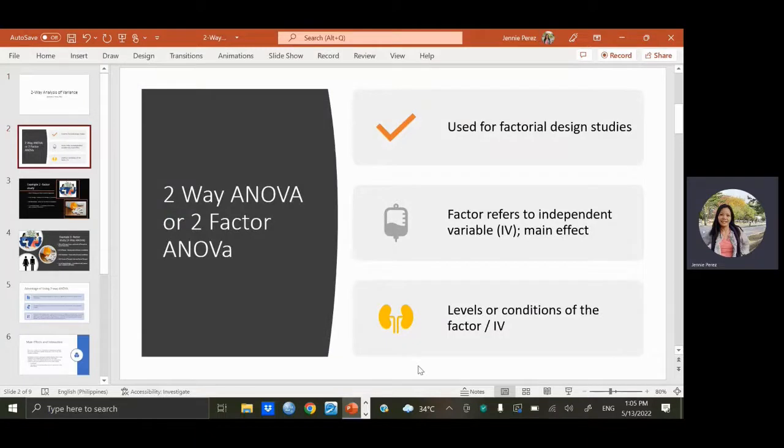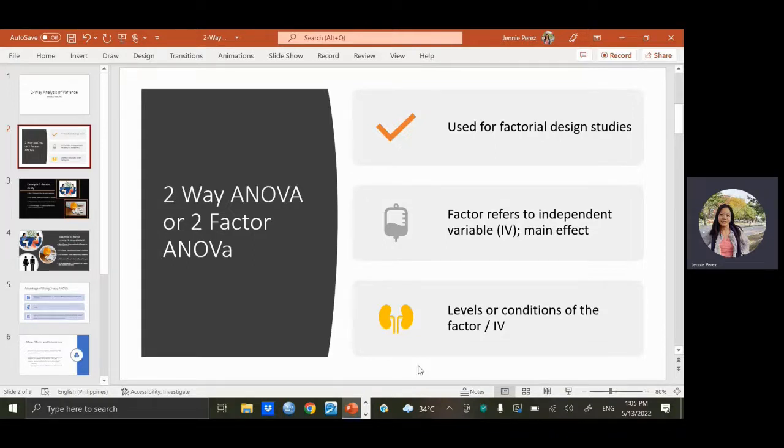Two-way analysis of variance is otherwise called the two-factor ANOVA. It is called the two-factor ANOVA because the independent variables in the analysis are considered as factors.